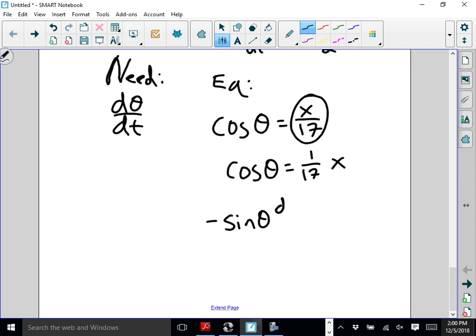By the way, if you forget to do that d theta dt, we'll never get what we need. So if you're ever stuck at a point where you don't even have what you need in your equation, it's probably because you forgot to do this step right here. Okay? So I got negative sine theta d theta dt equals the derivative of 1/17 x. Well, that's simply 1/17, and then I got to tack on dx dt.